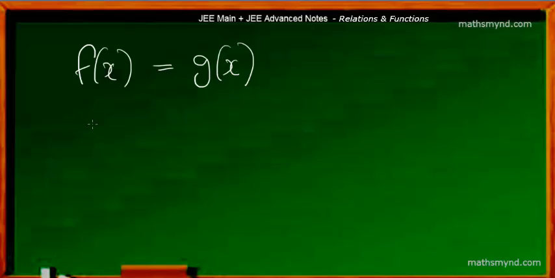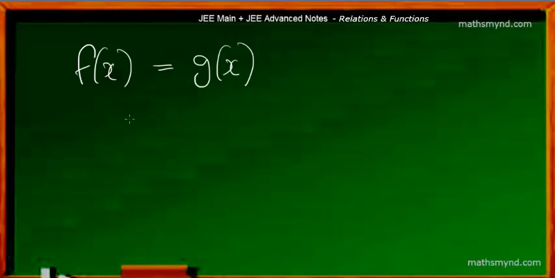We know that when we state that a function f of x is equal to another function g of x, it simply means that the domain and the range of both the functions are equal.